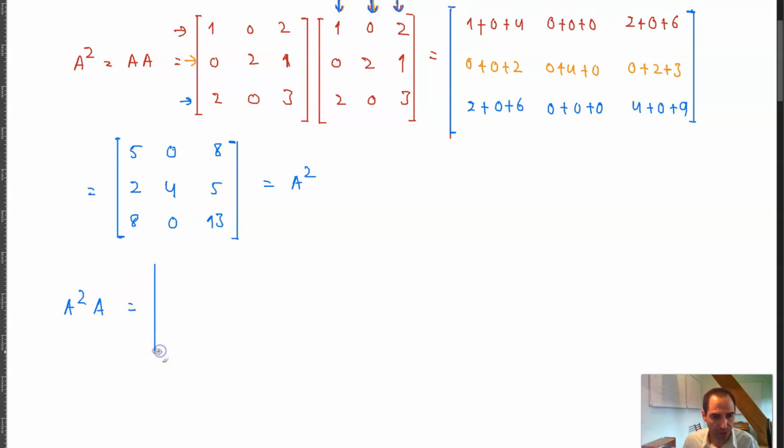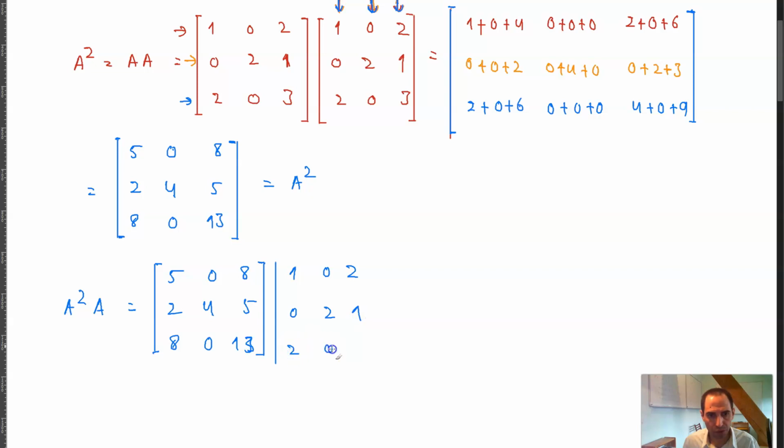So A squared times A is going to give me 5, 0, 8, 2, 4, 5, 8, 0, 13, and multiply this by A, which is basically this matrix 1, 0, 2, 0, 2, 1, 2, 0, 3.